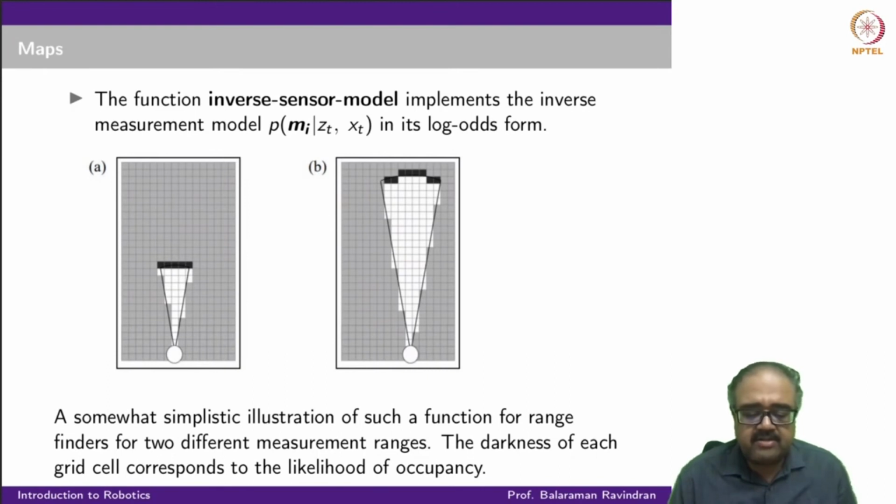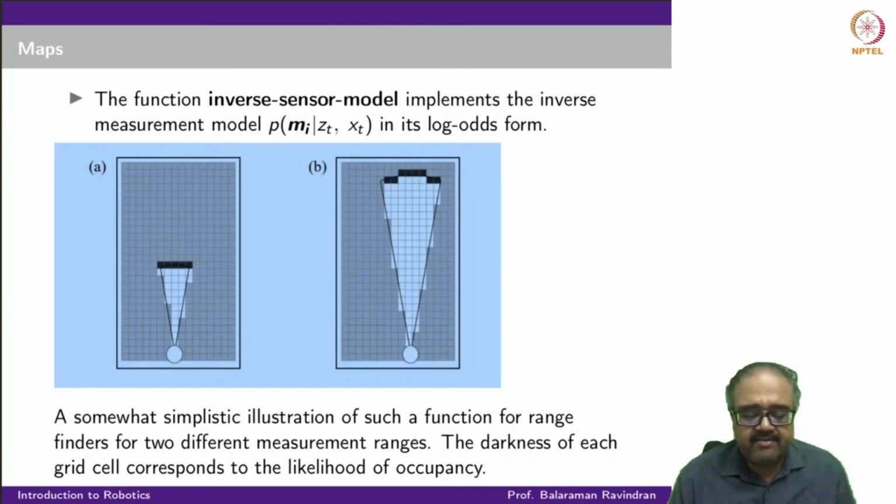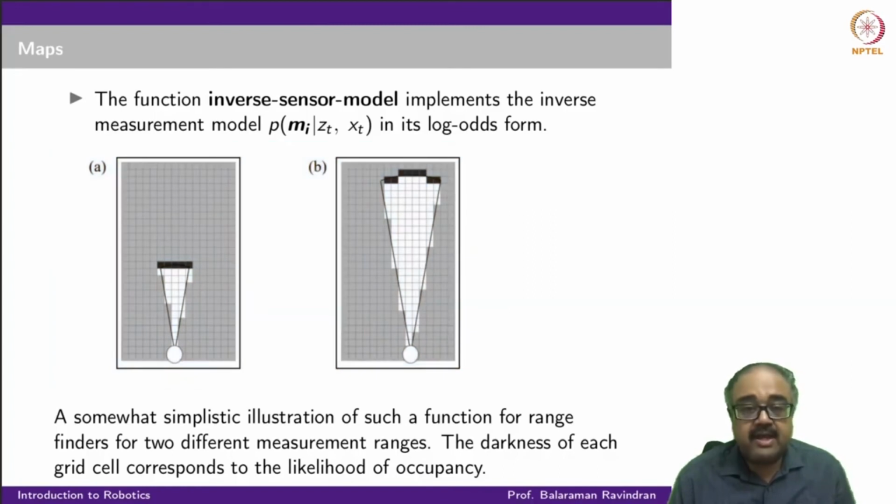In one case, because there's an obstacle nearby, the robot is able to look at all the states marked in white, and it can tell you these are clear, and it can look at all the states marked in black and tell you there's an obstacle there. For all the gray cells, it can't give you any information over and above what you already know. The current measurement can't give you any information on those. Here is a case where there's an obstacle that's a little farther away.